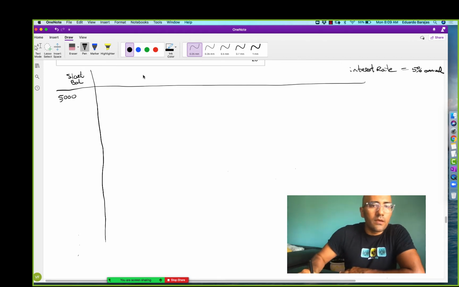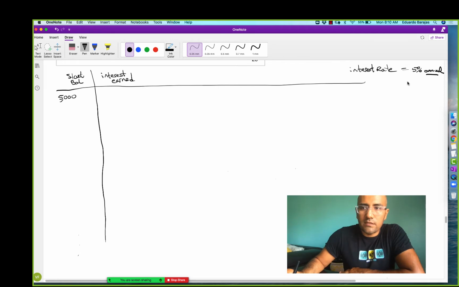All right, so interest earned is going to be the next column here. Interest earned. Since this is given in terms of a year, we're going to go in annual intervals. So interest earned after 1 year.